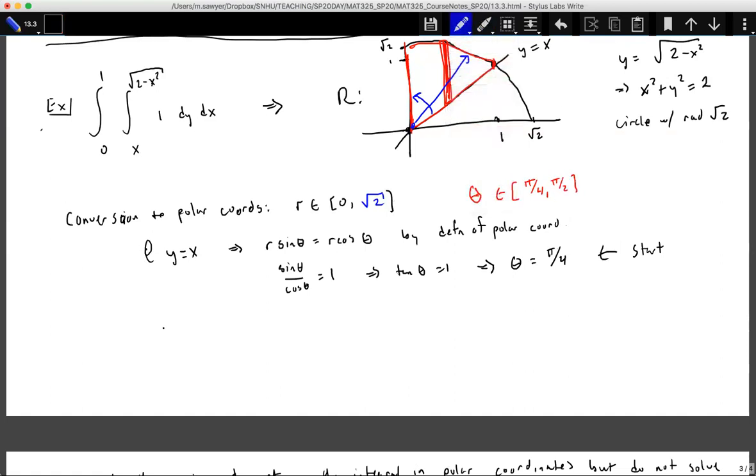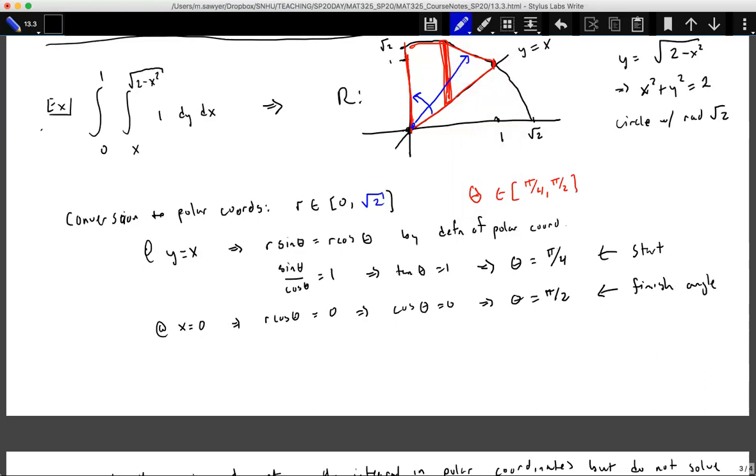We can also check that if we look at x equals 0, this implies that cosine theta equals 0, which implies that theta equals pi over 2. This is our finish angle.